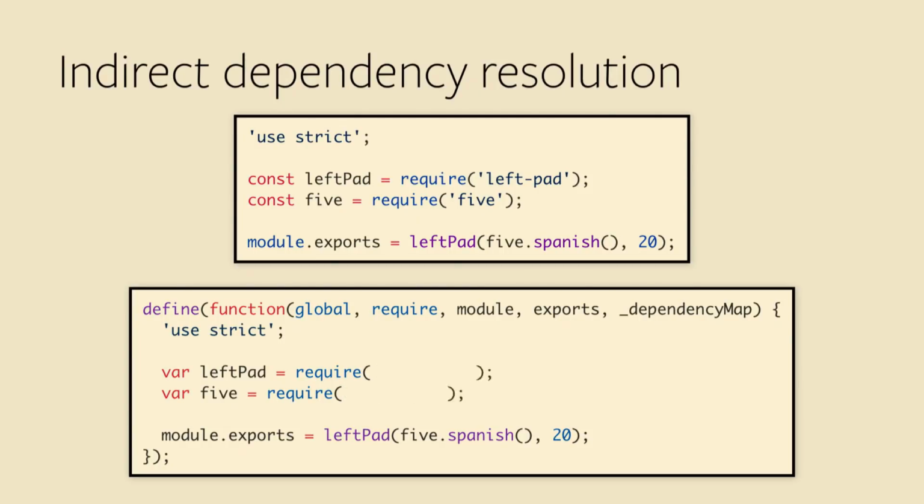And each of the references to the modules is changed into a position in this array. Now, beside the module, we also store that position number 0 is left pad and position number 1 is 5. And when you build, we make a lookup into the table, we extract which is your local number for these modules, and we add this array to the define call.